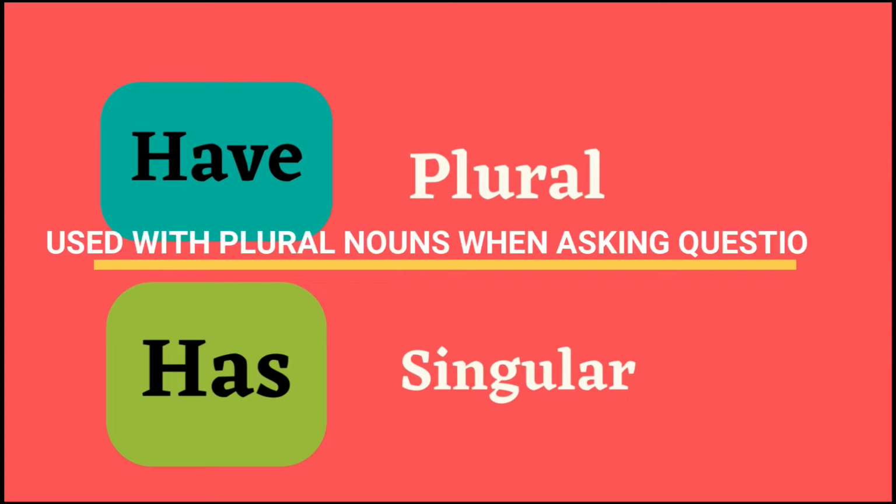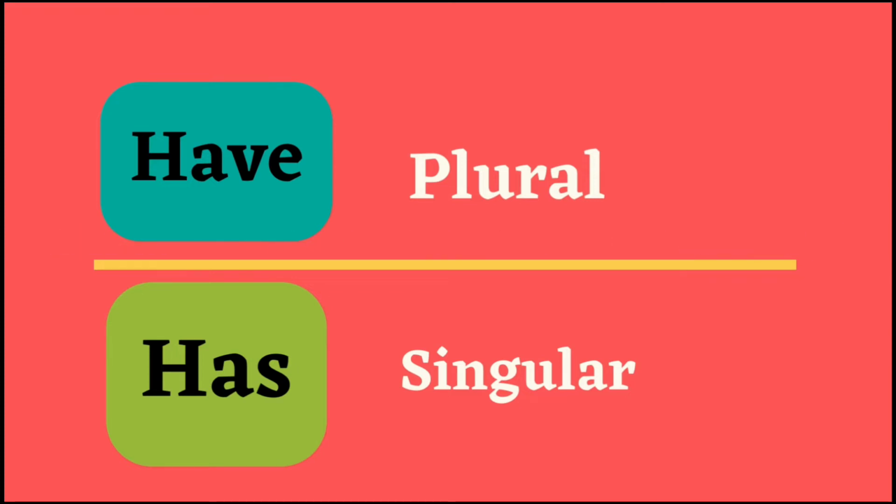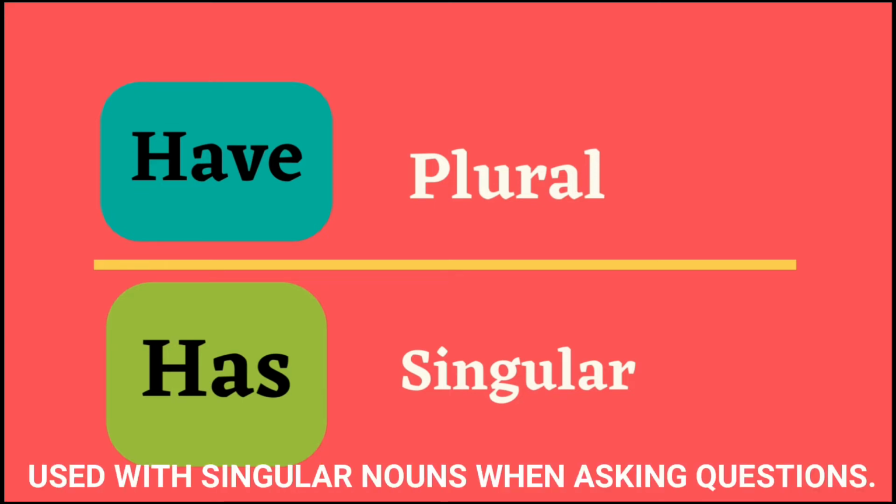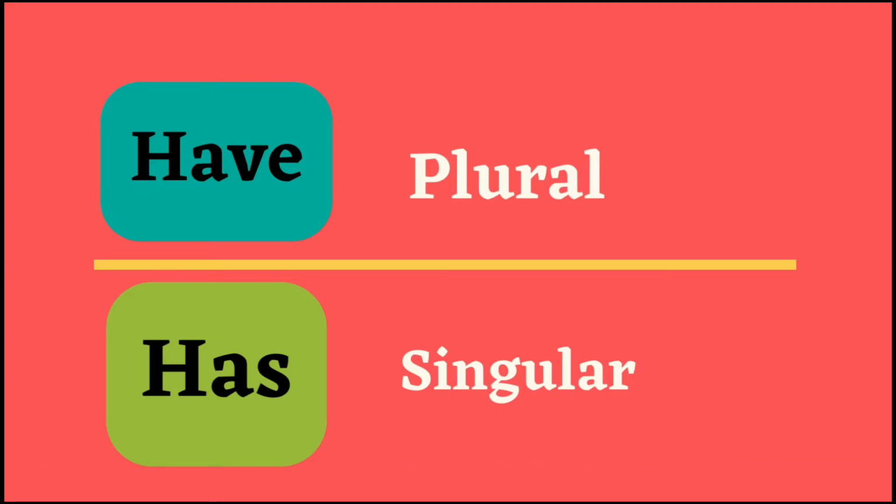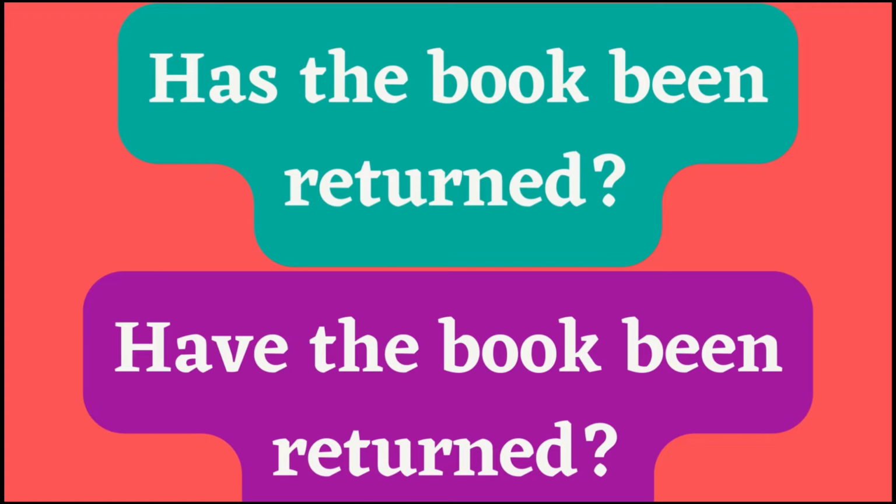Have is usually used with plural nouns, and has is used with singular nouns in sentences. Examples: consider these two questions. Has the book been returned, or have the book been returned? Which one do you think is the right way to ask the question?